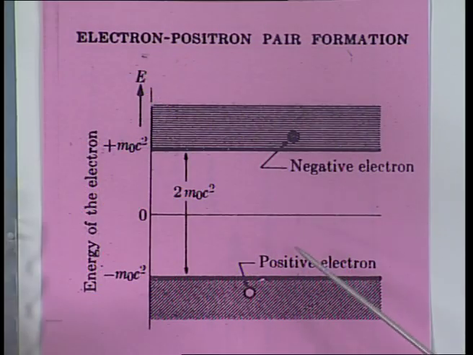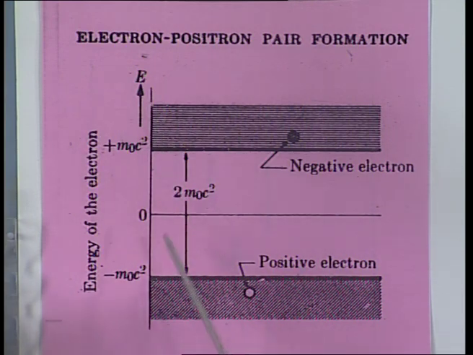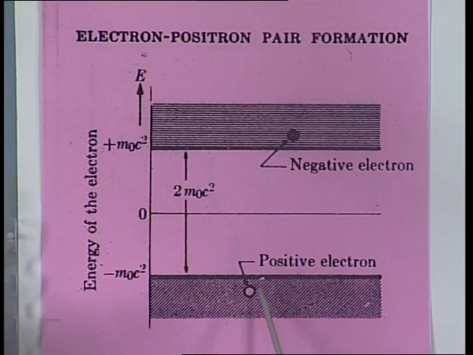In this chart, this is the energy axis, the y axis, and you will observe bands of energy. These are called negative bands of energy, and our positive electron, called a positron or hole, is available in the negative band of energy, whereas our regular electron, called the negative electron, is available in the positive band.